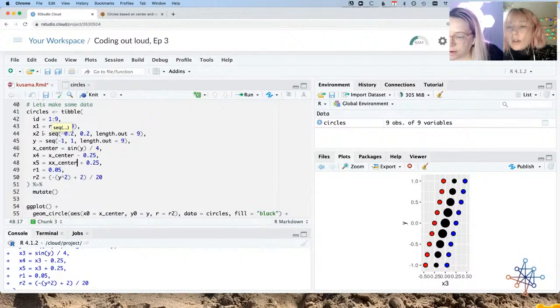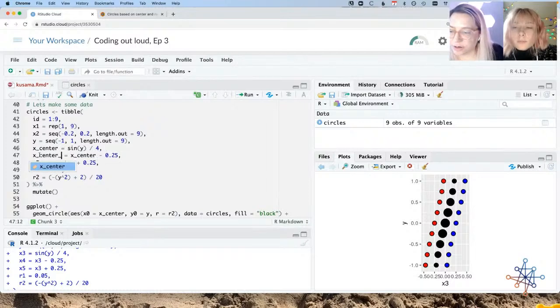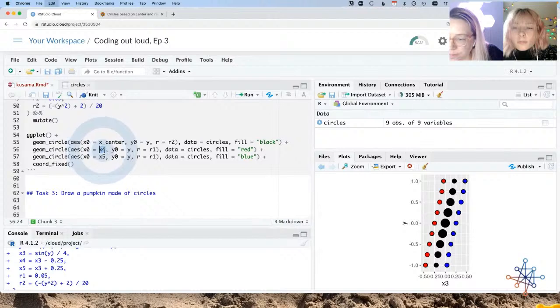And then we can do center minus 1, 2, 3, and then plus 1, 2, 3 as we go. Does that make sense? So this is center M1 for minus 1, and this is center plus 1, so going in either direction.